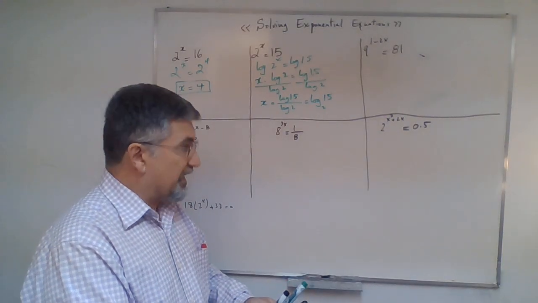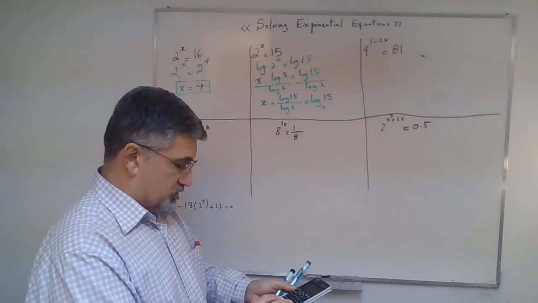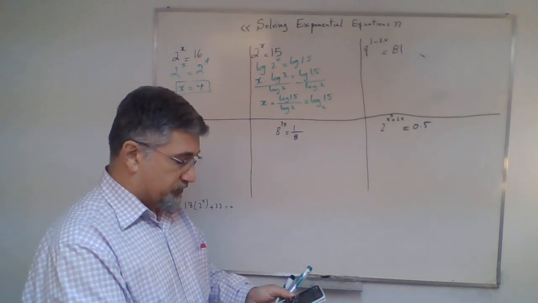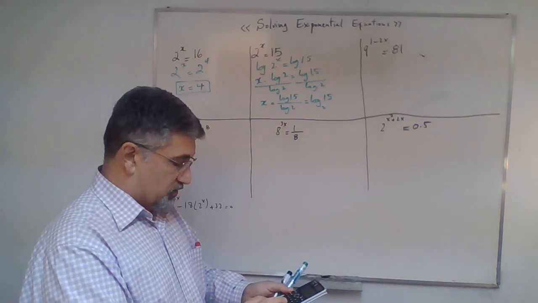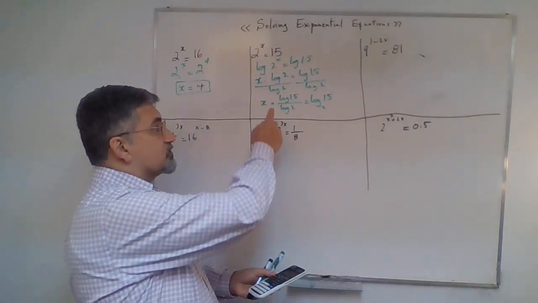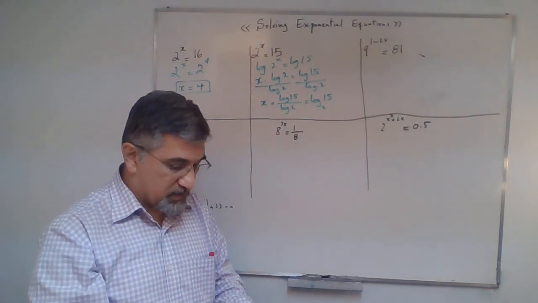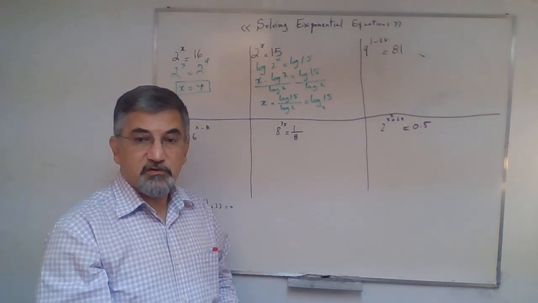Now, if you want to evaluate this expression, of course, it's not that difficult. You can use your calculator, and you can find log of 15 to the base 2, or you can just punch in common log of 15 divided by common log of 2. You will get the same answer according to the change of base formula.